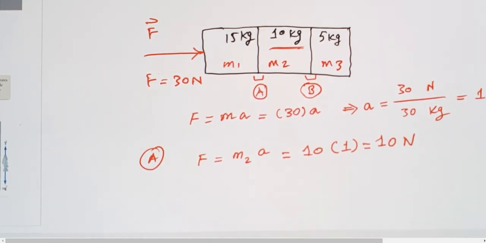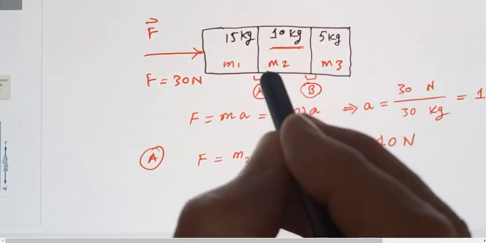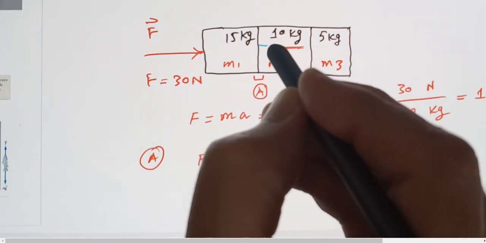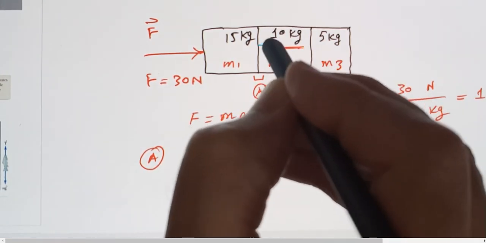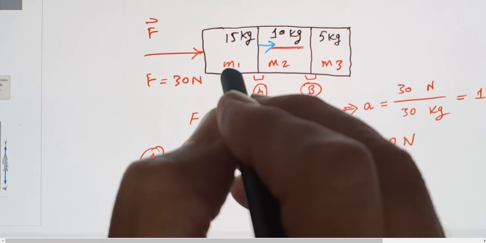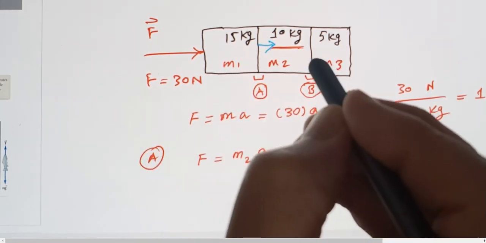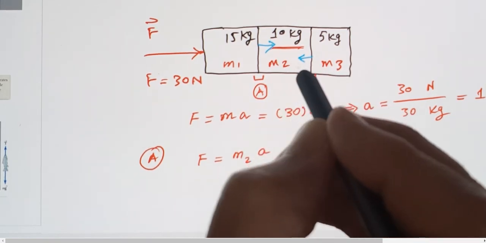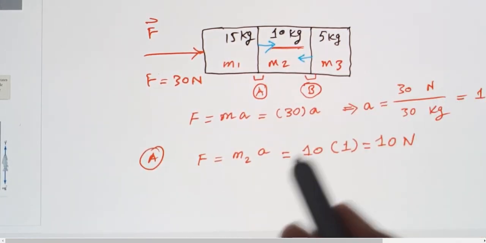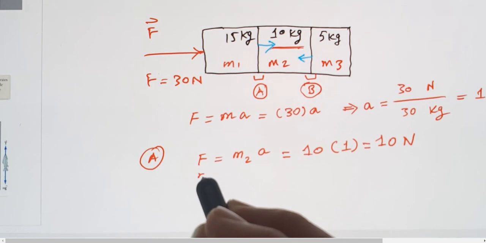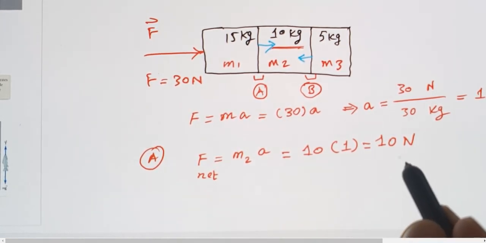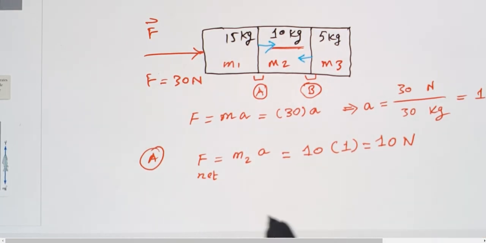That means it will receive from M1 some force, and it will receive from M3 some force, and the net force will be 10 Newton.